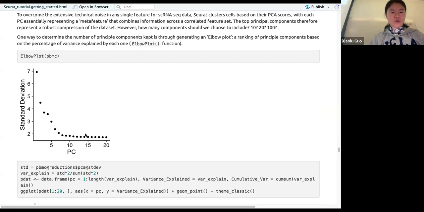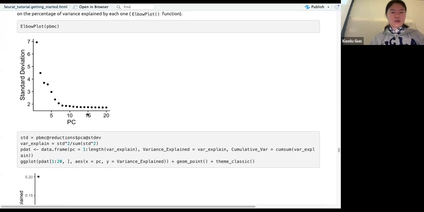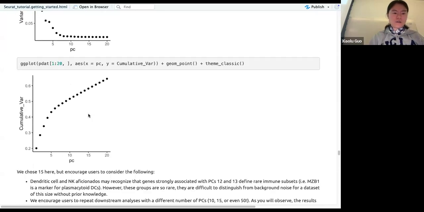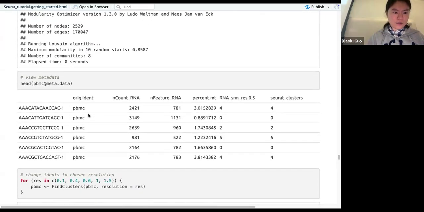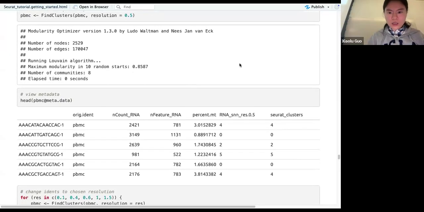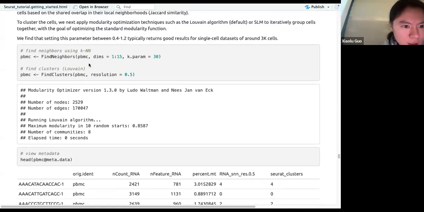And we also want to include the genes that we are interested in. So here we decided to use 15 for further analysis. And so that's PC. Okay. So that's where we left last time. And so we decided to use PC1 to PC15.